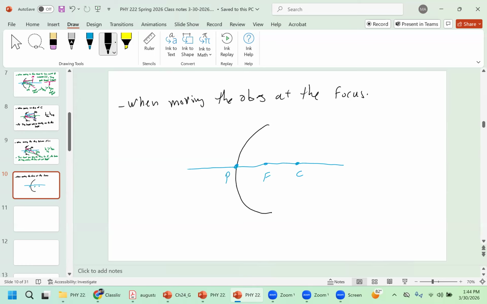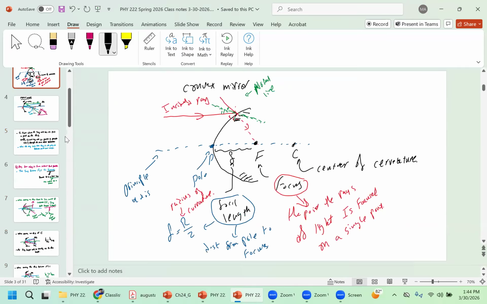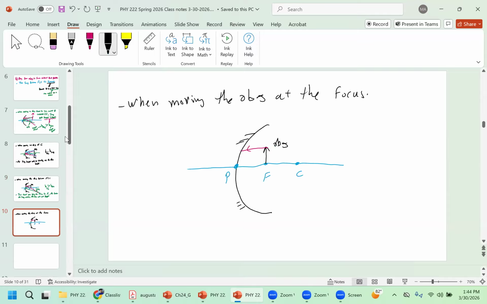And we said that we put the object on there. So basically, your incident ray, again, we said it's going to go through the mirror. Because we're dealing with a concave mirror. So again, this is all concave mirror.